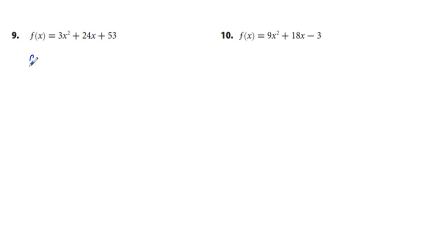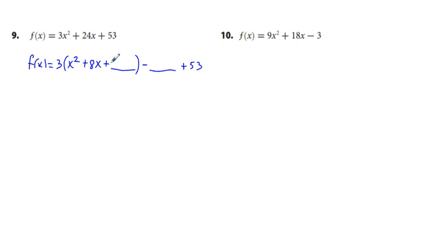So we're going to rewrite this function as f of x equals 3 times quantity x squared, and we factored out a 3 from 24x, we're going to get plus 8x. And then we put plus blank, and our blank is going to be what we're going to have to add to complete this square. And then on the outside, we're going to subtract the same thing that we added inside the parentheses here. And then finally, we're going to bring down this 53.